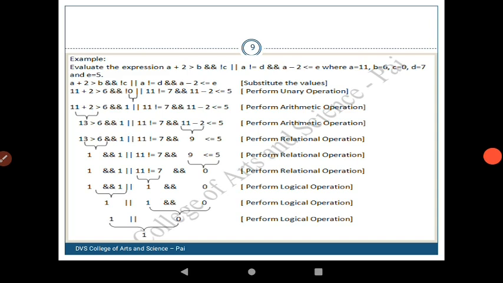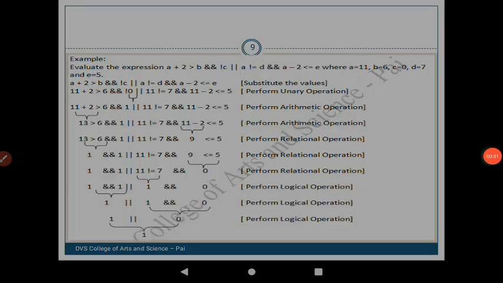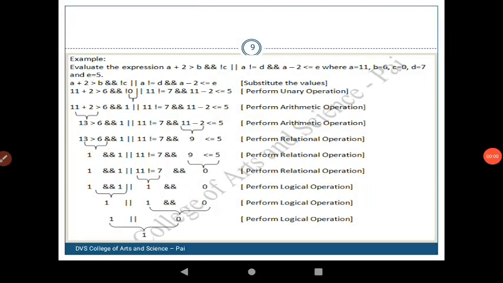Now as per the rule, we need to perform unary operation. Not 0 will become 1, as you can see. Now the expression will become 11 plus 2 greater than 6, logical and 1, logical or 11 not equal to 7, logical and 11 minus 2 less than or equal to 5.